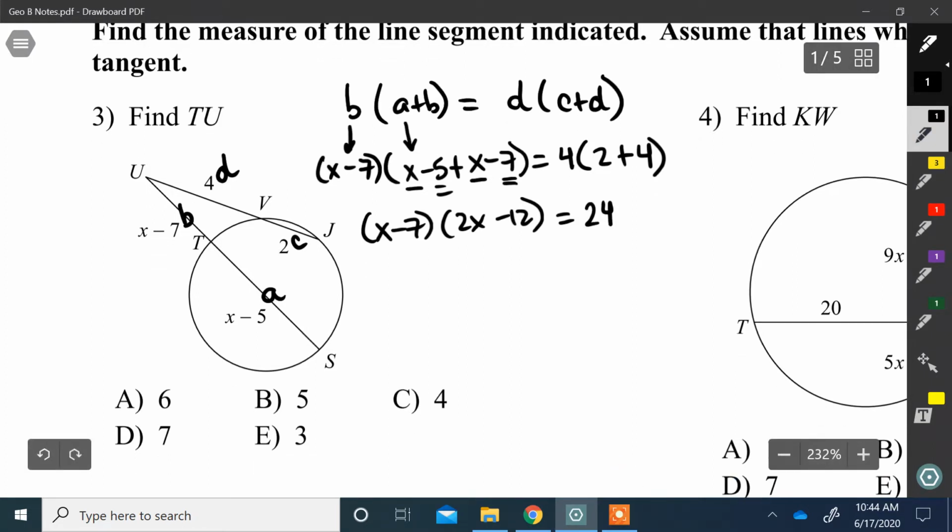We're going to distribute that. Now we have x times 2x is 2x squared. x times negative 12 is negative 12x. Negative 7 times 2x is negative 14x.